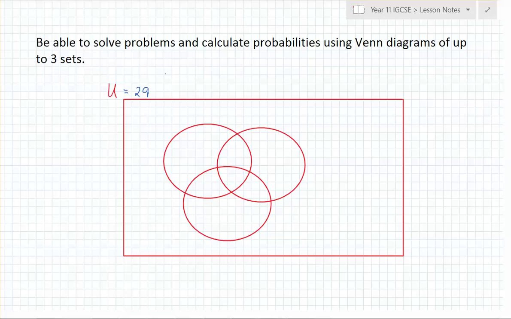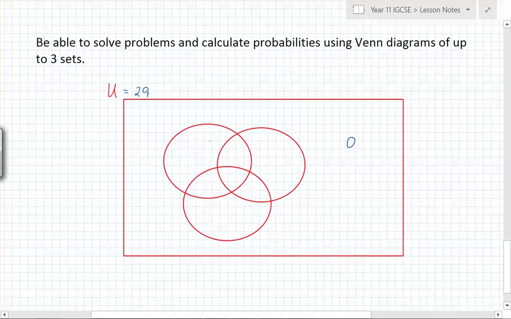And it also says all 29 students take one or more of biology, chemistry and physics. So that means that there is no one outside. So we can have a 0 out here. So we've dealt with that region, because a lot of people forget to deal with that region. Okay, so there must be a 0.